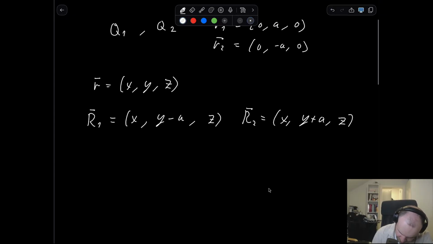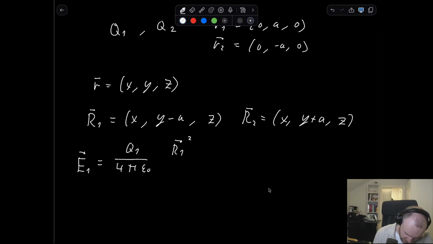Then we can write the first part of that electric field. That's E1, on the basis of Q1. I have 4 pi epsilon 0, then I need the magnitude of R1 cubed.